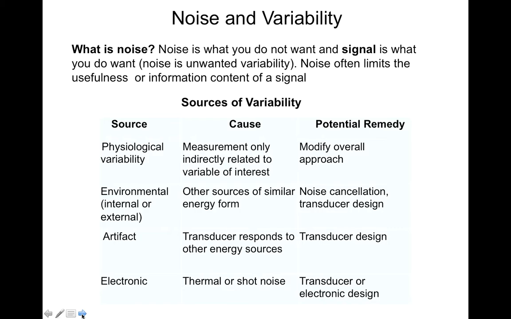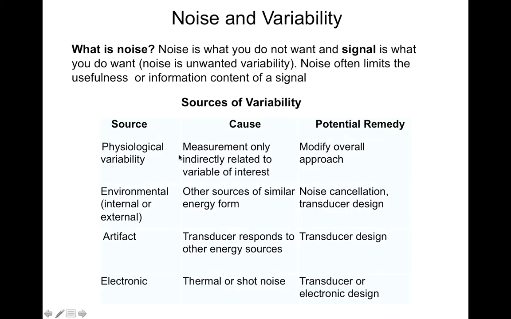Environmental noise is another kind of noise that can be internal or external. This would be sources of similar energy form. This would also be, for example, if you had breathing going on when you were trying to measure heart rate, here's where your noise cancellation can come in. These two, physiological and environmental, are very similar.